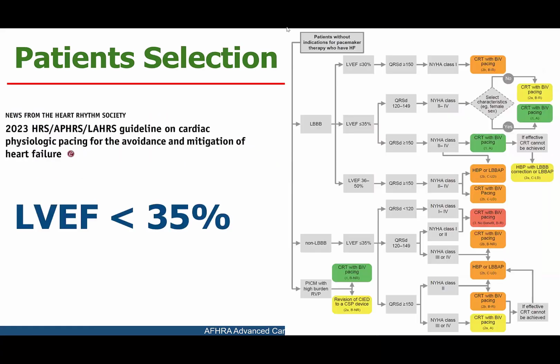In this graph, you can see that in patients with LV ejection fraction less than 35%, we have a clear indication for biventricular pacing.